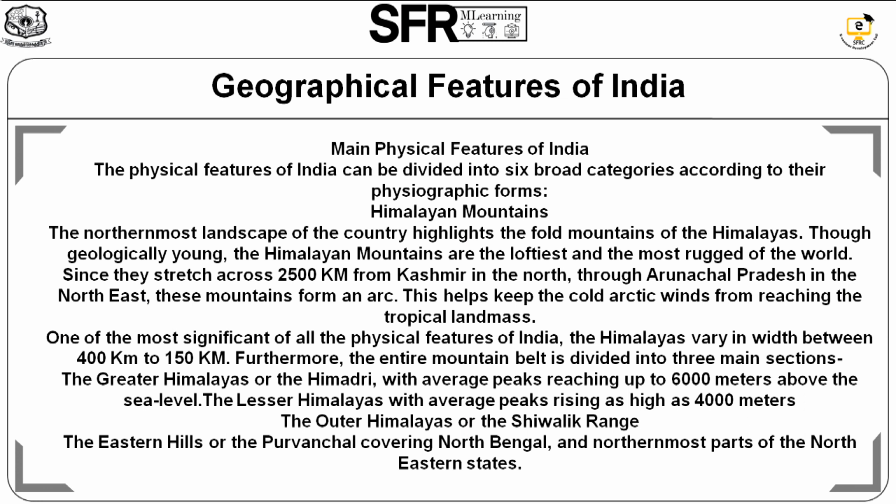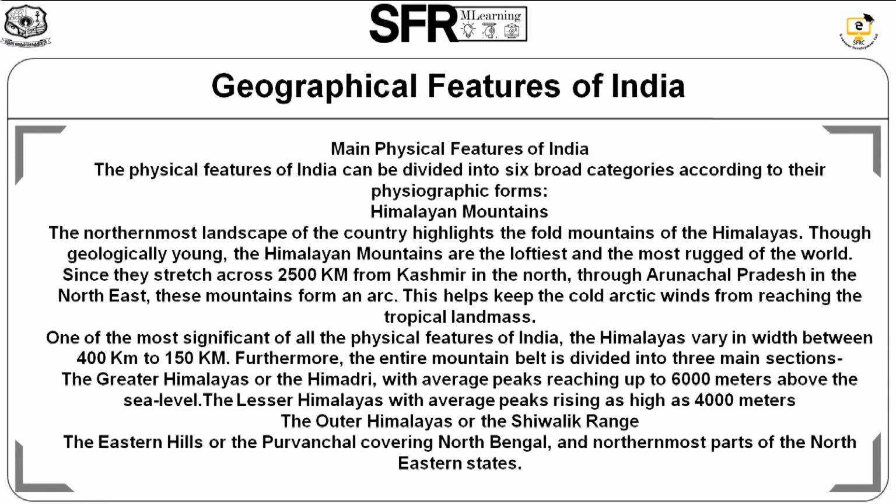One of the most significant of all the physical features of India, the Himalayas vary in width between 400 km to 150 km, and the entire mountain belt is divided into three main sections: first, the Greater Himalayas; second, the Lesser Himalayas; and third, the Outer Himalayas.